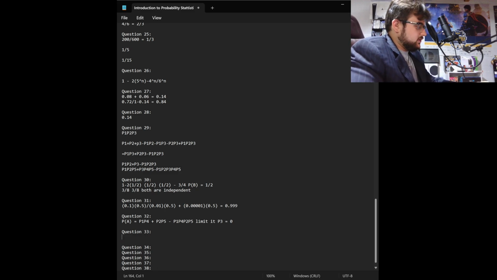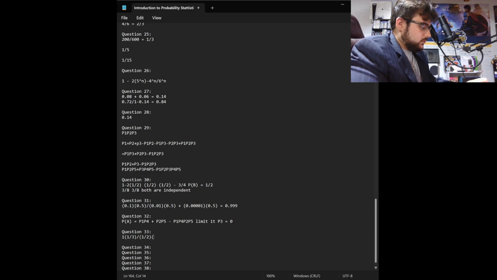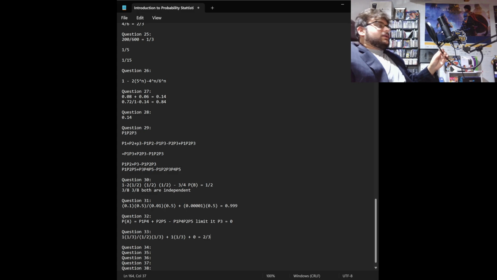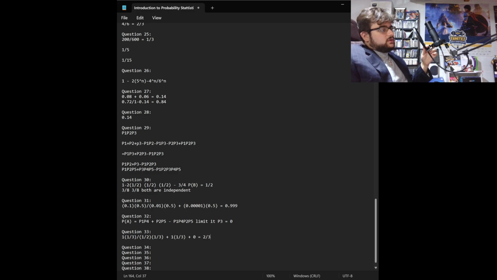This one, you can easily solve it by 1 over 3, times 1 over 2, 1 over 3, because there's 3 doors. 1 over 3 plus 1 over 3 plus 0 equals 2 over 3. Therefore, you switch the door to 2, the host opens door 3, or switch the door to 3, and the host will open door 2.